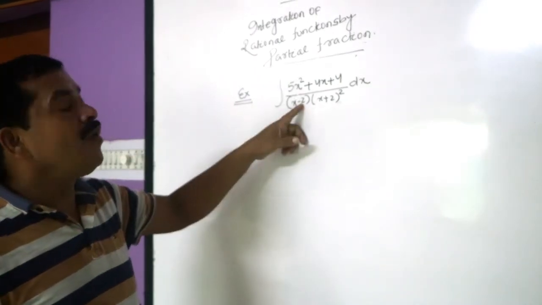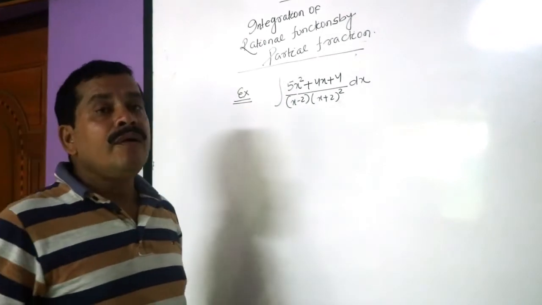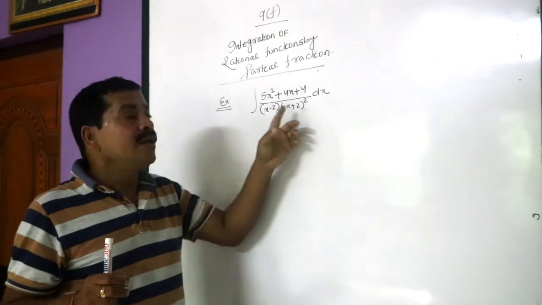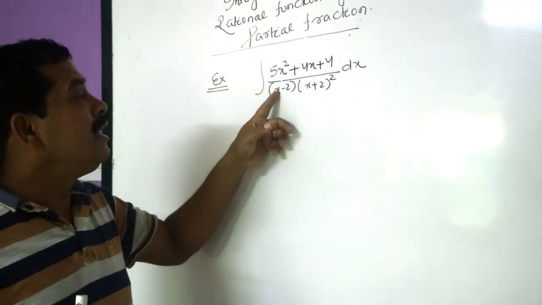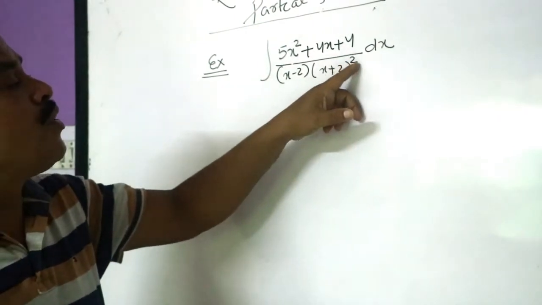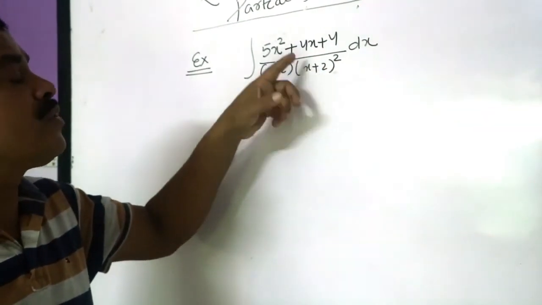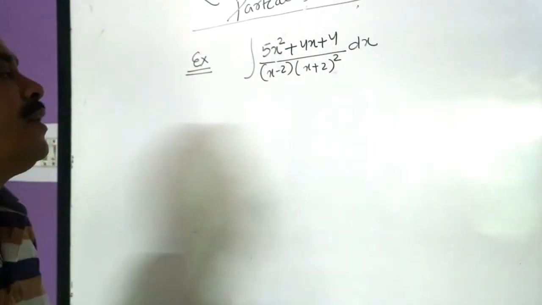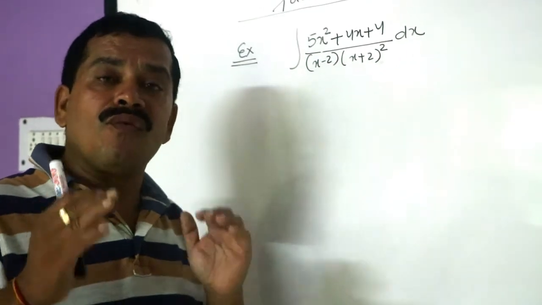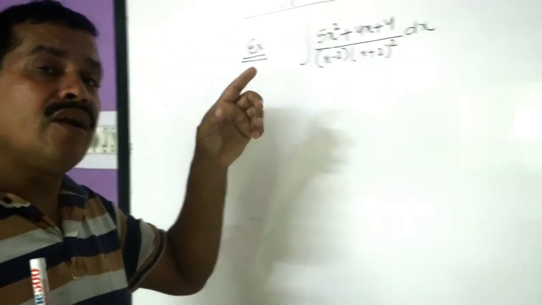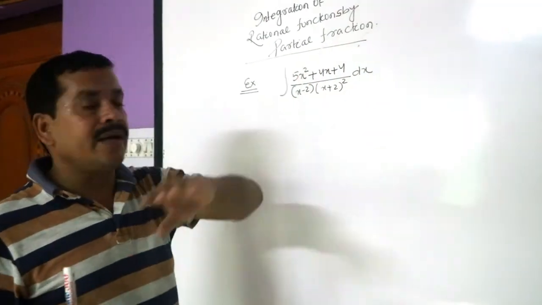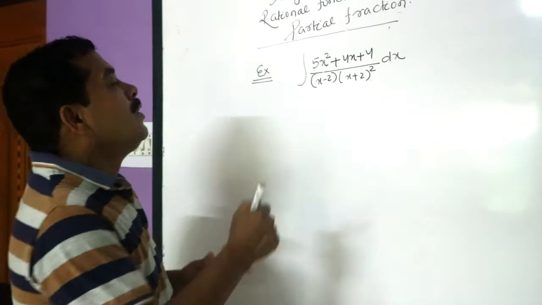So it is a proper rational function. But after the factorization of q of x, the factors are linear and repeated, because x plus 2 whole square means x plus 2 is repeated twice. In the previous case, all the factors occurred only once, so they were linear and non-repeated. But here the factors are linear and repeated. So how can we solve it?